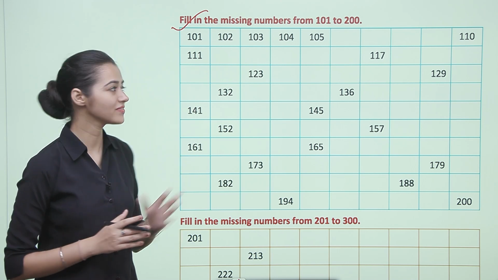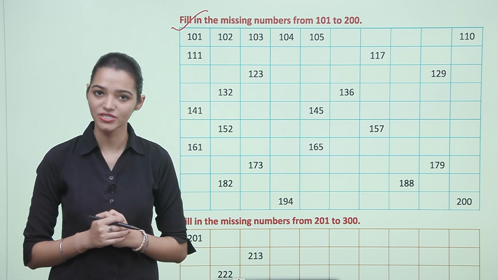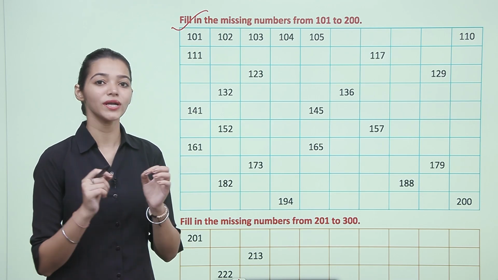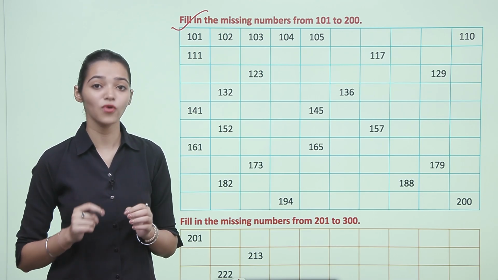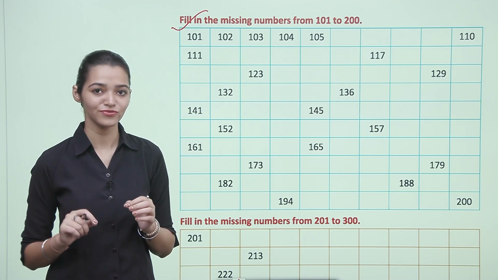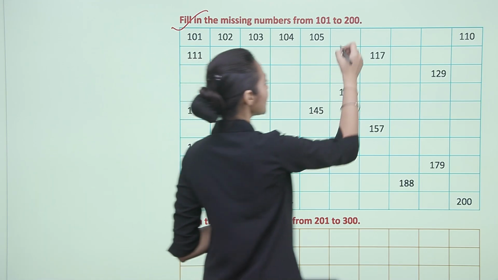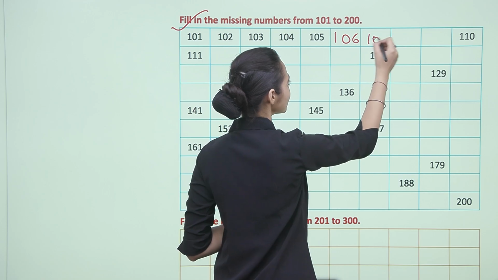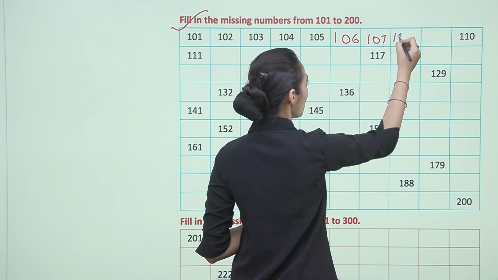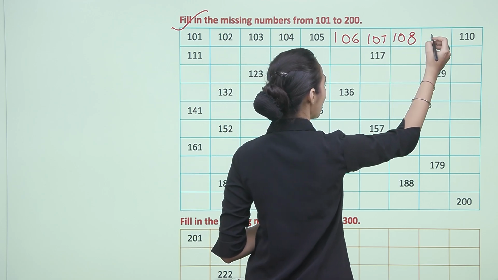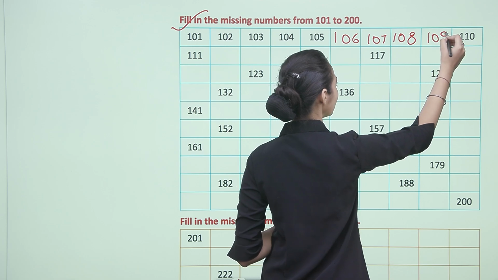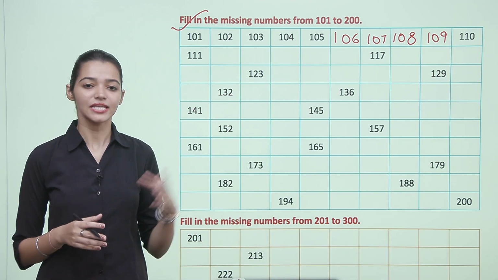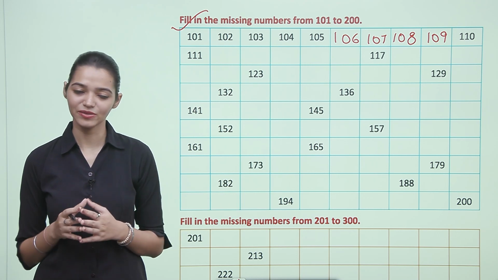In the first row we have 101, after that write 102, 103, 104, 105, after that 106, then 107, then 108, 109 and the next one will be 110. That's how you have to complete this table.